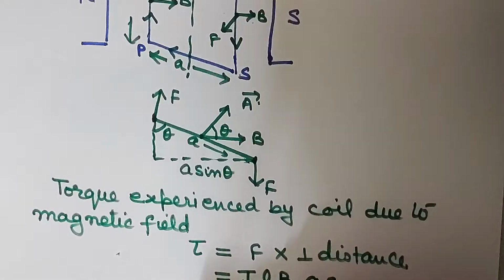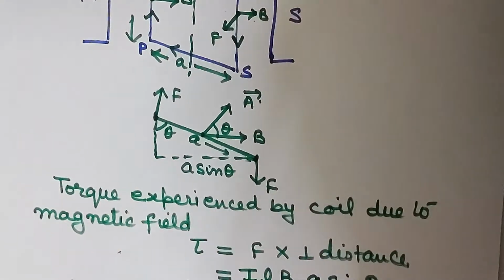Now here we can write L, and the length here was B, so we can write IB B A sin theta.